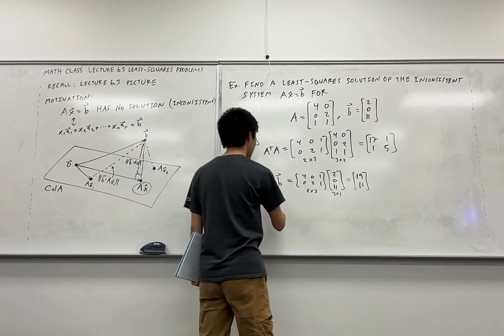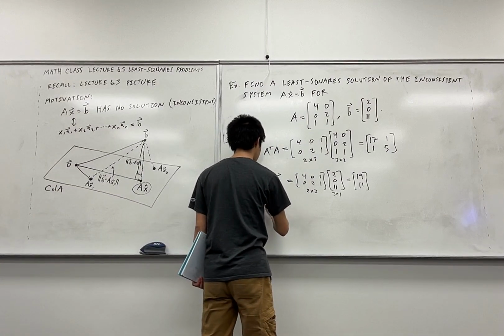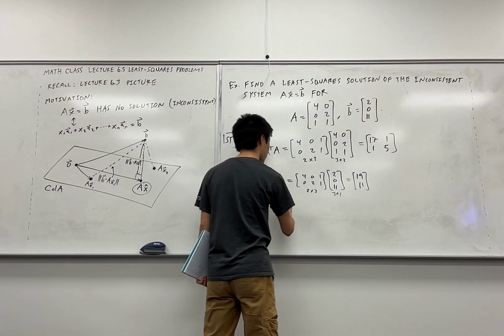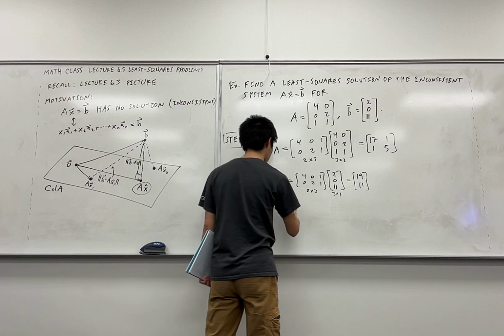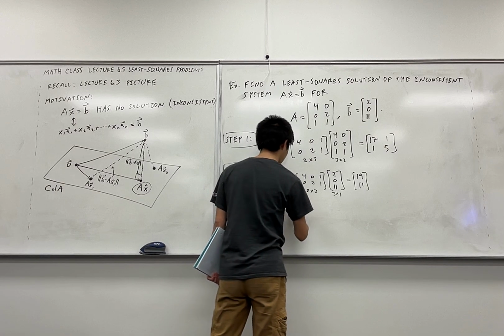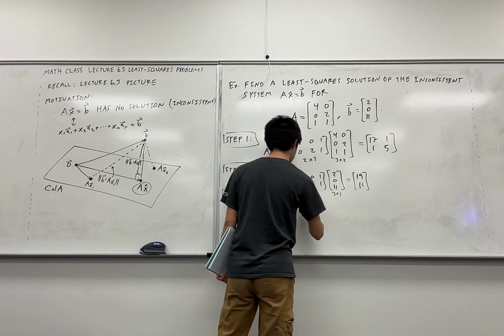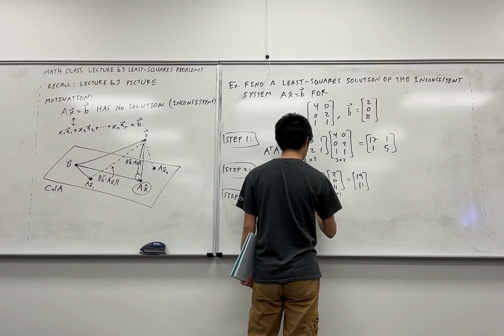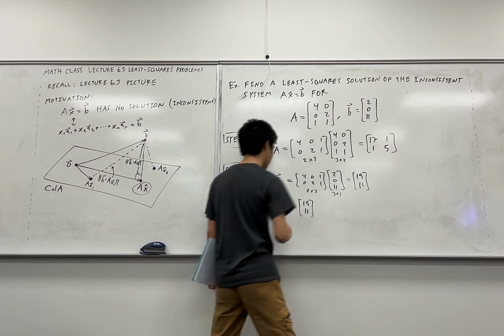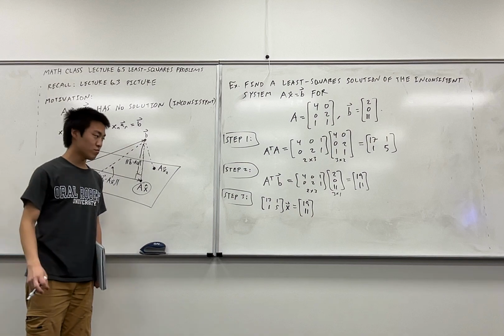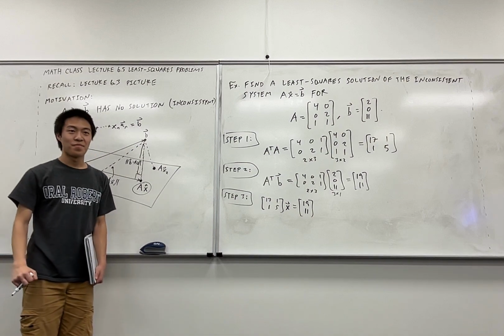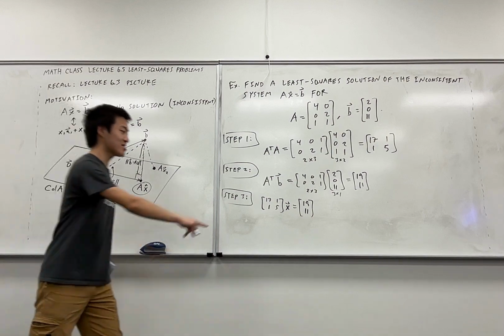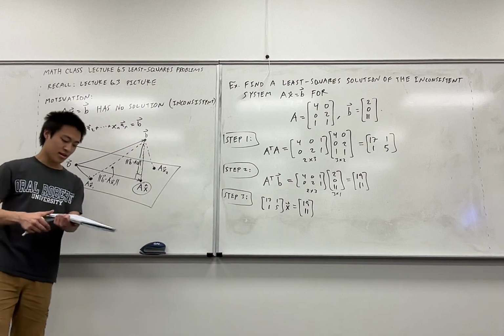So my A transpose A is this 17, 1, 1, 5, times my vector x is equal to A transpose b, which is my 19, 11. That's just the system of equations. This is consistent, and you can solve that.